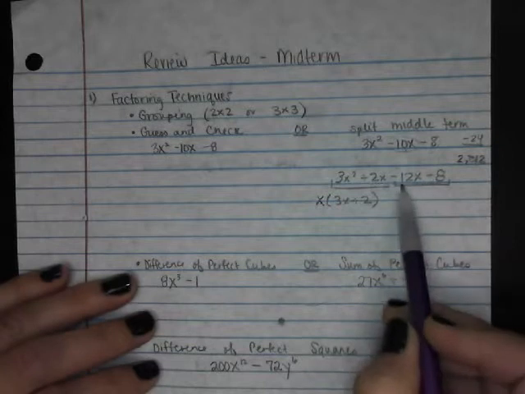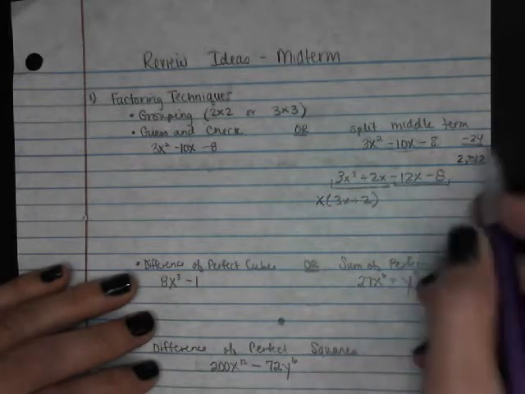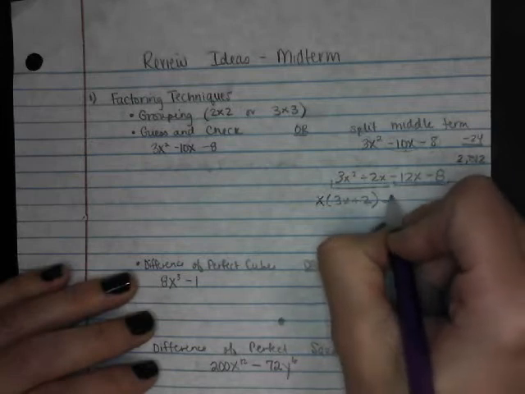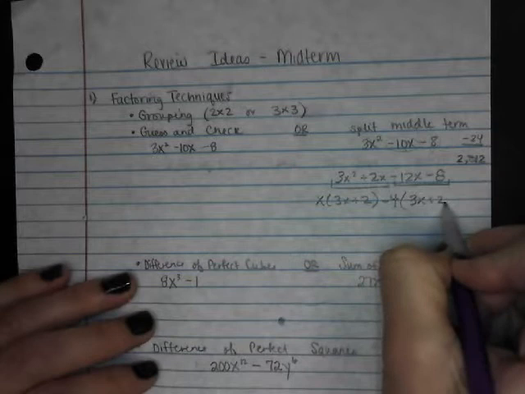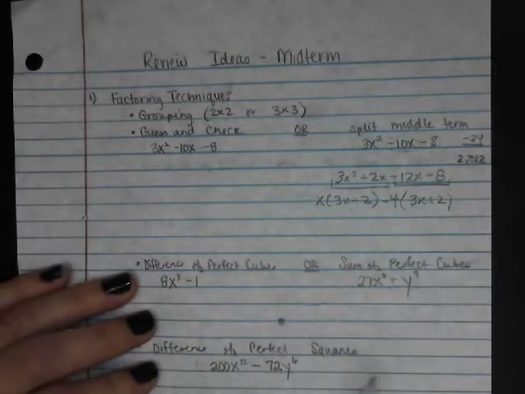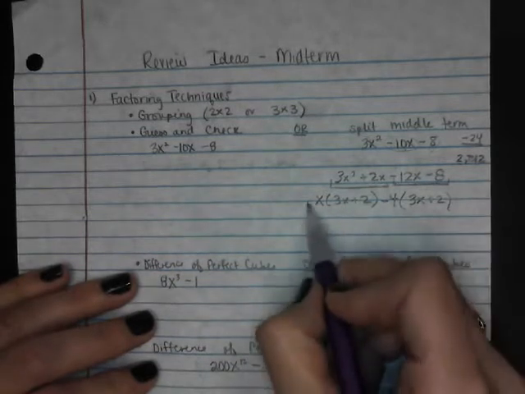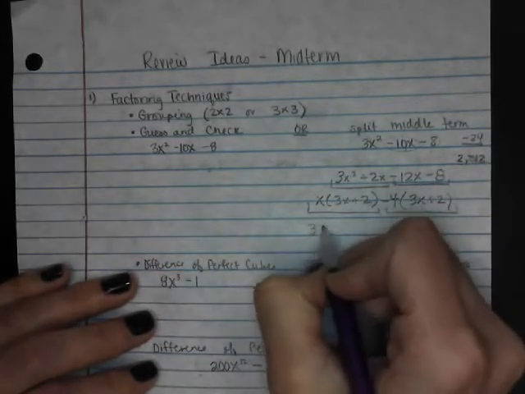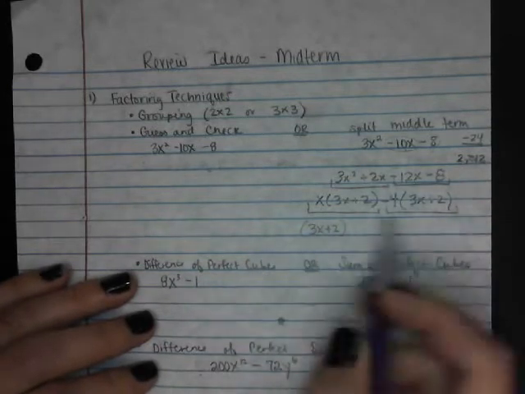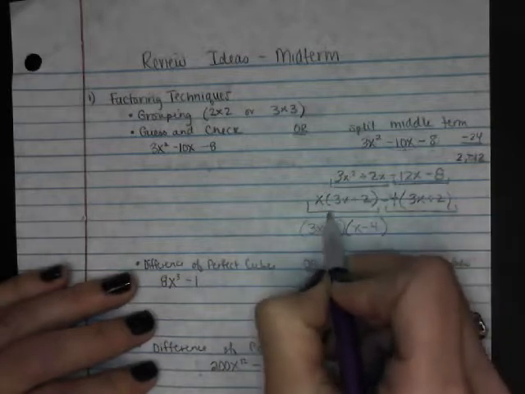When you group the second two, you pull out a negative 4, since it starts with a negative, so take out a negative, and that's going to leave you with 3x plus 2 when you divide both of those by negative 4. So we know grouping worked because these match. So now if I treat it like two terms, they have a 3x plus 2 in common that I'll pull out in front, and then I'm left with x minus 4 as my other term.